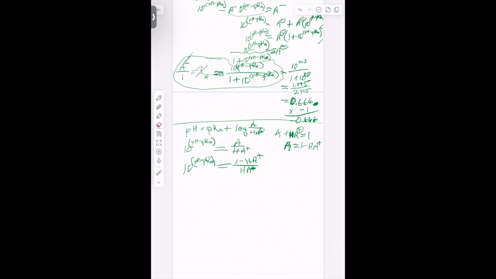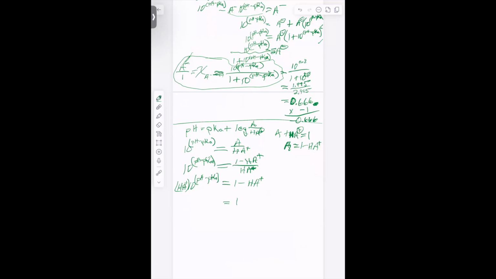So I'm going to have 10 to the pH minus pKa times HA plus is equal to 1 minus HA plus. Now I can subtract.